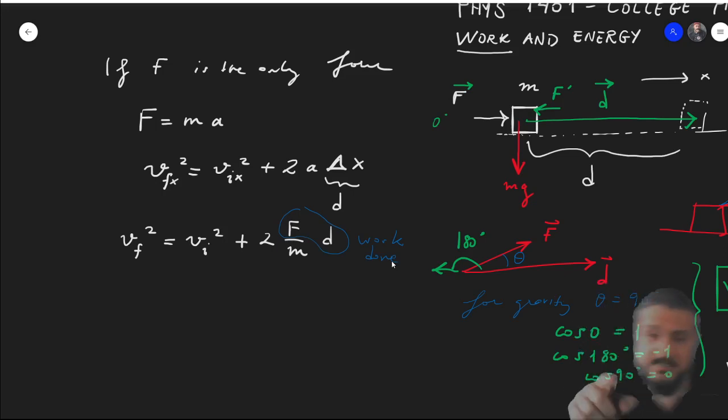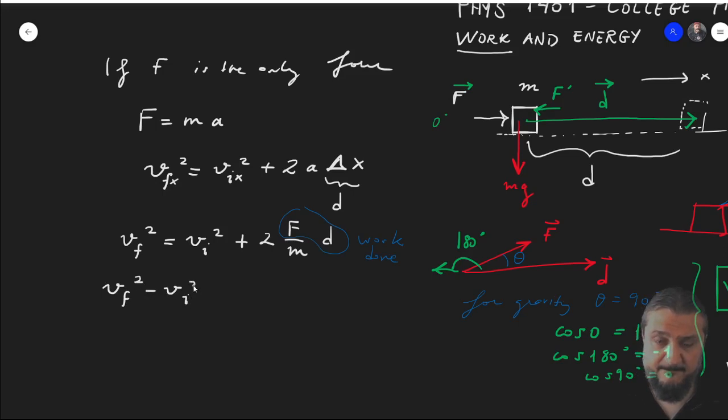So let's solve this equation for work then. Okay, so you can subtract Vi squared from both sides, and you will have here 2 times W, that's work, divided by M. And if you solve it for W, work done will be, okay, multiply by M, divide by 2.